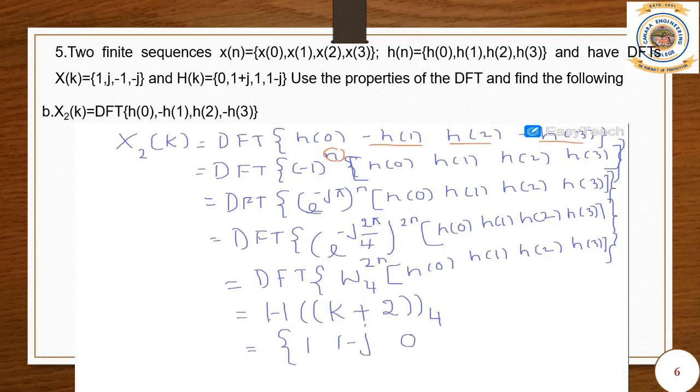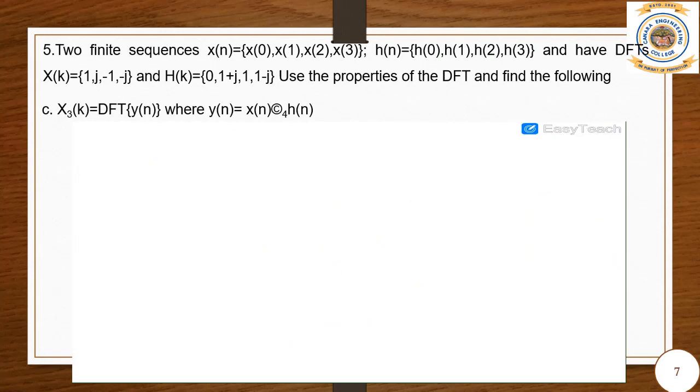When k value is equal to 3, it is h of 5, that is h of 1. H of 1 is given by 1 plus j. This is your answer.